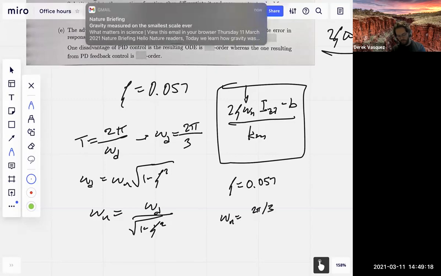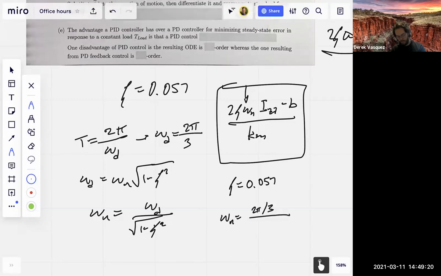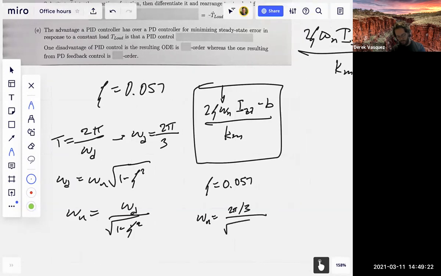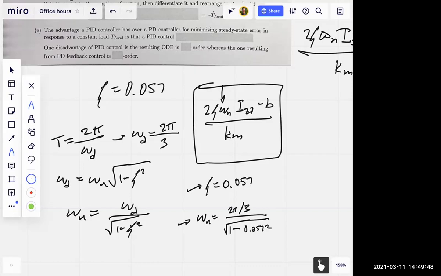So that's 2 pi over 3, over the square root of 1 minus 0.057 squared. And so 2 zeta omega n with this zeta and this omega n comes out to the 0.24. Okay, thank you.